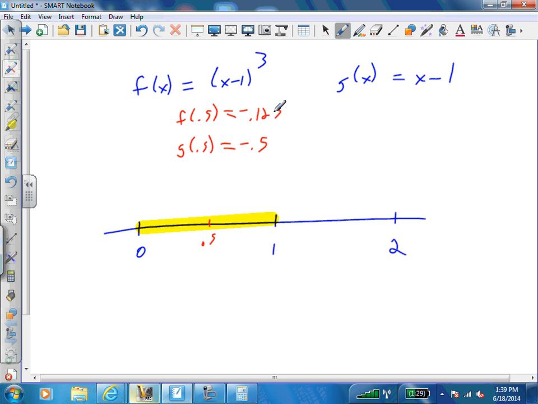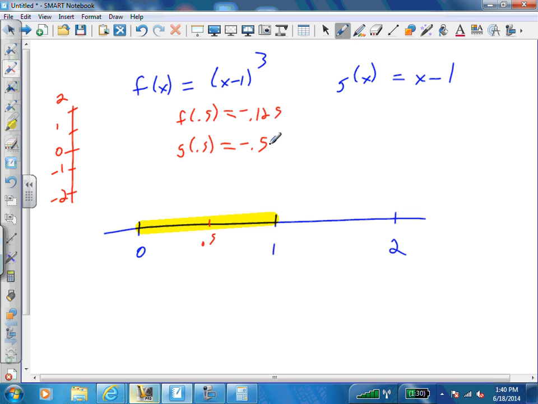This is the larger y value. If you think about this being 0, 1, 2, negative 1, negative 2. Remember, for negative numbers, the larger the number is, the lower it is. This has the larger quantity, but it's negative.